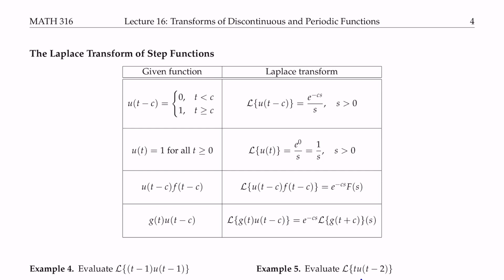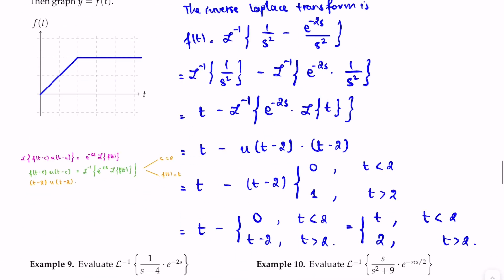Now for the Laplace transform of f of t minus c times u of t minus c, that is equal to e to the negative cs times capital F of s. But remember here the shift is equal to the period capital T. So let me go back to the note here.